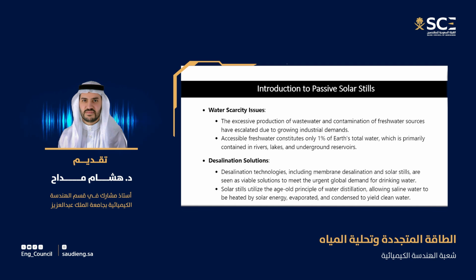So here we have actually passive solar cell. So passive solar cell is going to be about how does the system work from just having water in the tank, and then you are trying to desalinate this water using distillation technologies, water desalination methods, but using solar energy. So if you look at this, the problem now in the industry is that we have water scarcity. It means that only 1% of the water is available as fresh water around the world.